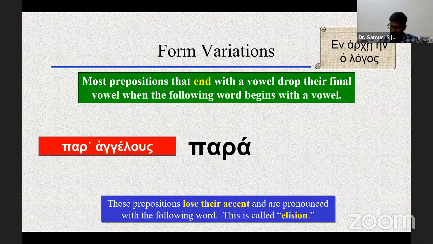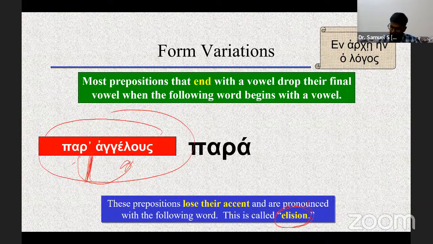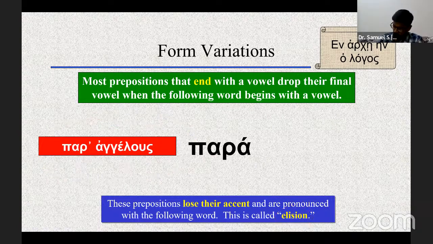So when we see this par and Angelus, something called elision happens. And what is elision? It is when you pronounce them together. Even though there's a space here, when we are pronouncing them, we just say Parangelus. Elision. Words are clubbed together when this happens, where the last vowel is dropped out in the preposition.